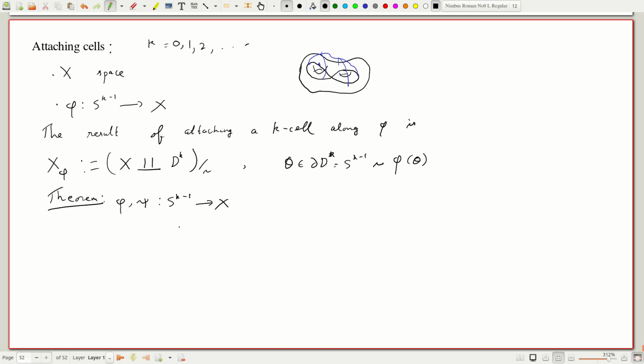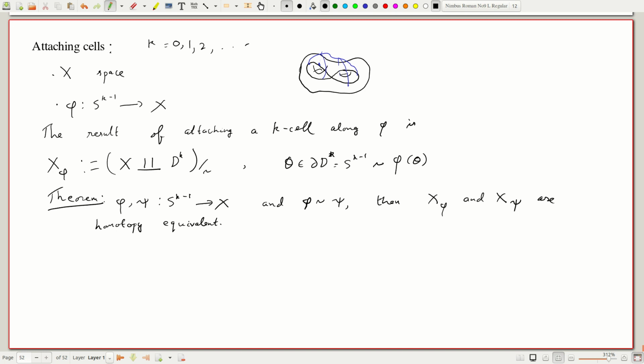Suppose we know phi is homotopic to psi. There is no base point here, just as maps. Then the spaces X_phi and X_psi, by the way, this is somewhat ad hoc notation, are homotopy equivalent. This is a very nice construction, which is partly why I'm doing it.